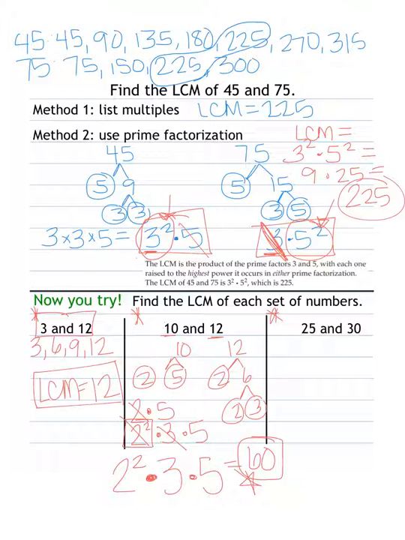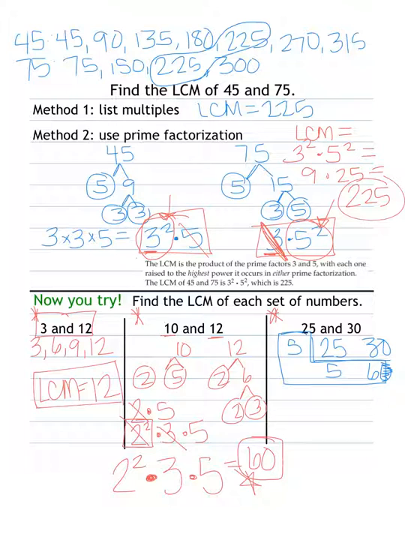And then 25 and 30, we'll use our third method. So 25, 30. I know they can both be divided by 5. So 25 divided by 5 is 5. 30 divided by 5 is 6. Nothing else can be divided by.